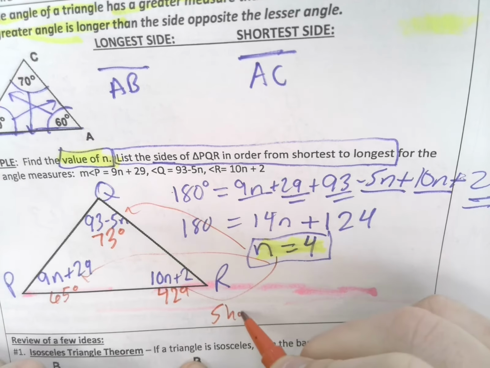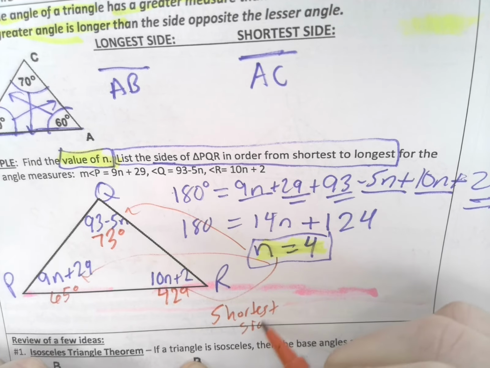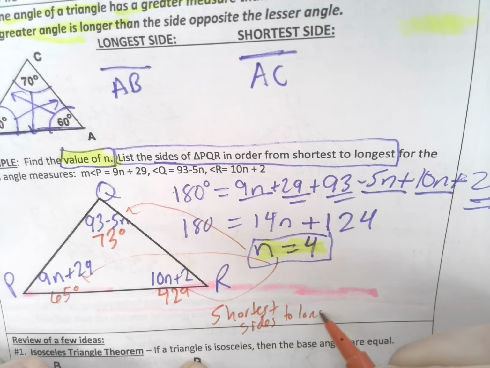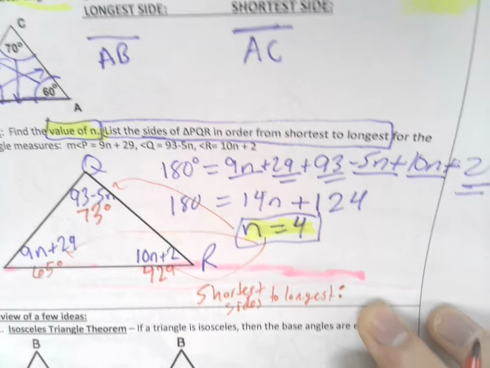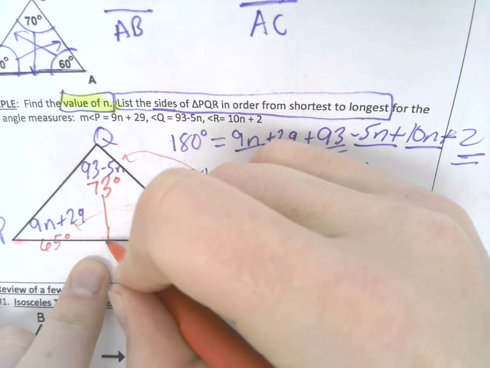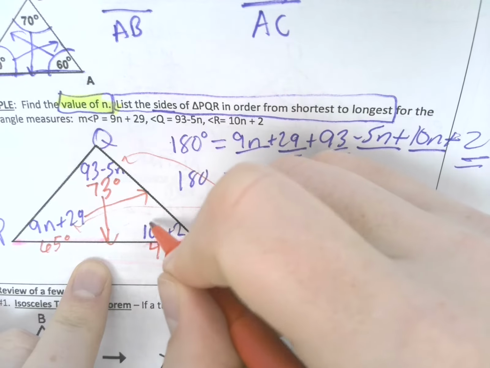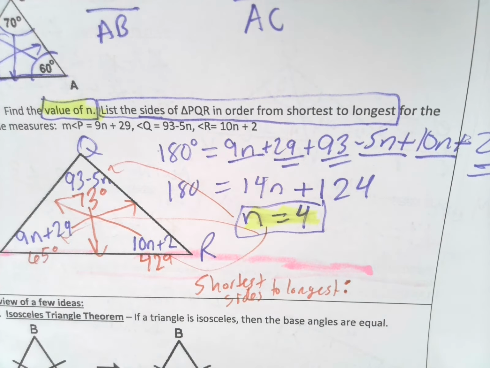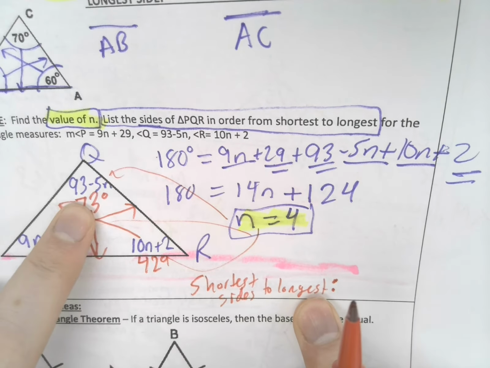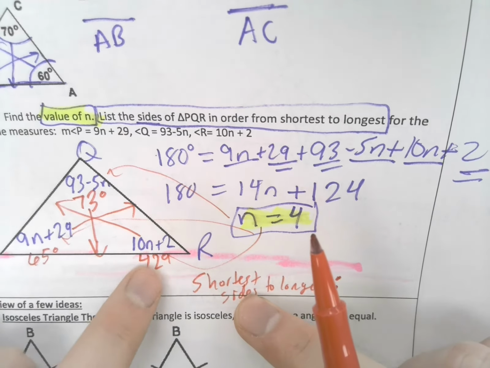So from the shortest sides to longest, be careful here. Be careful. Because we know that the angles go to the opposite side. So what's our biggest angle? 73, so that's going to go last. Well, what's our shortest angle? 42.